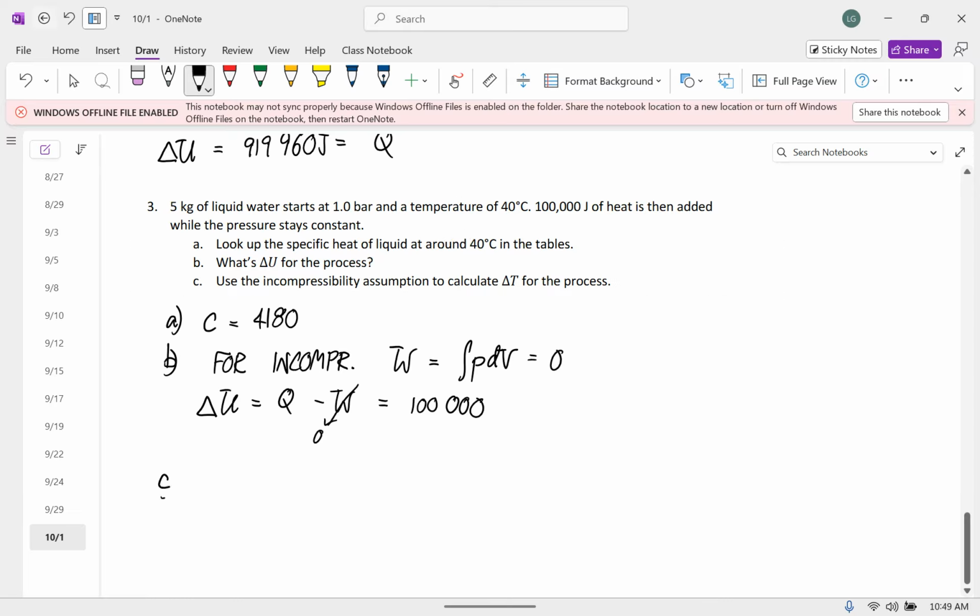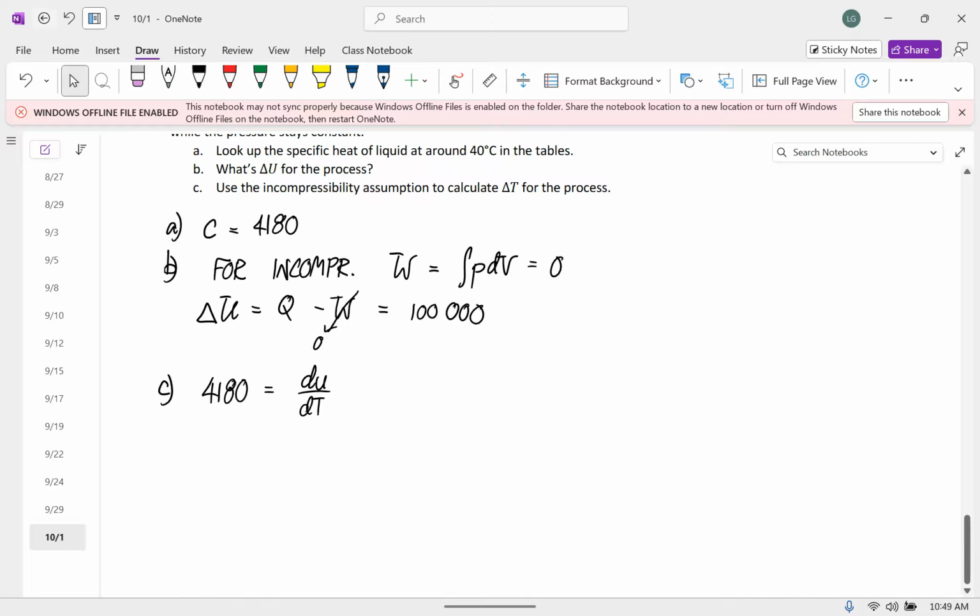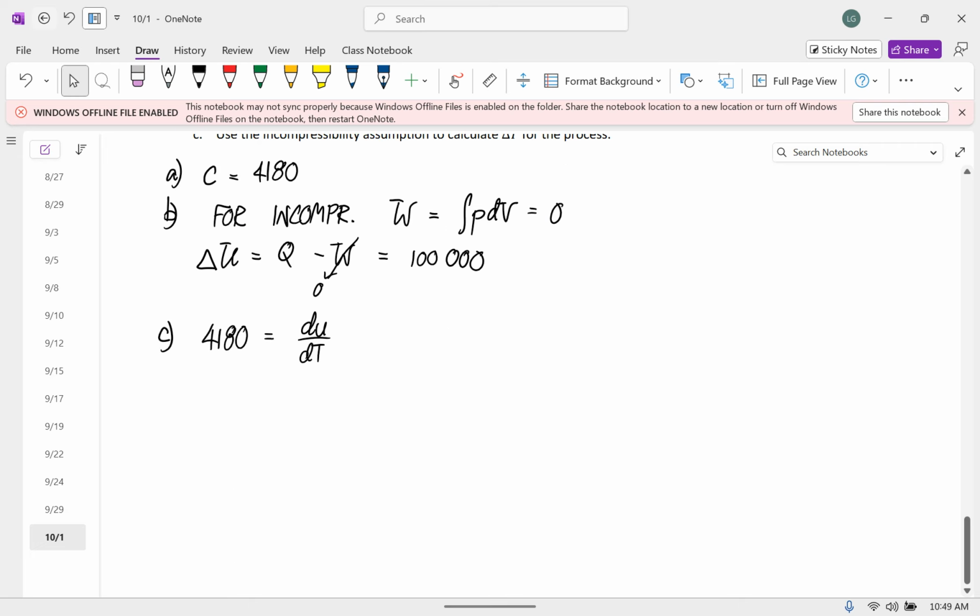And now we know that 4180 is equal to du d temperature. And so 4180 d temperature is equal to d little u.